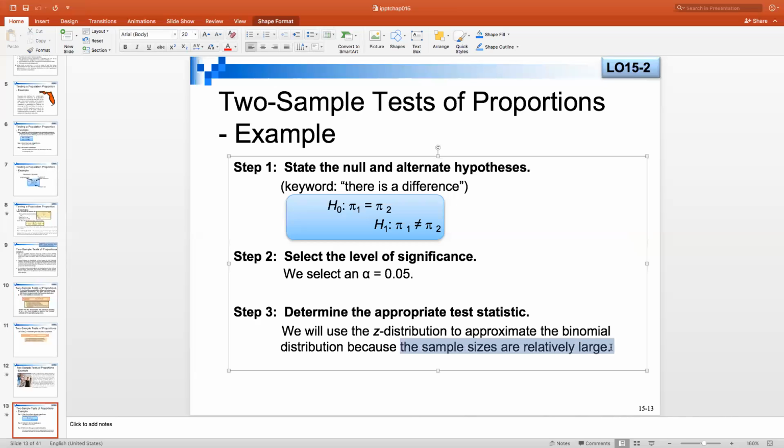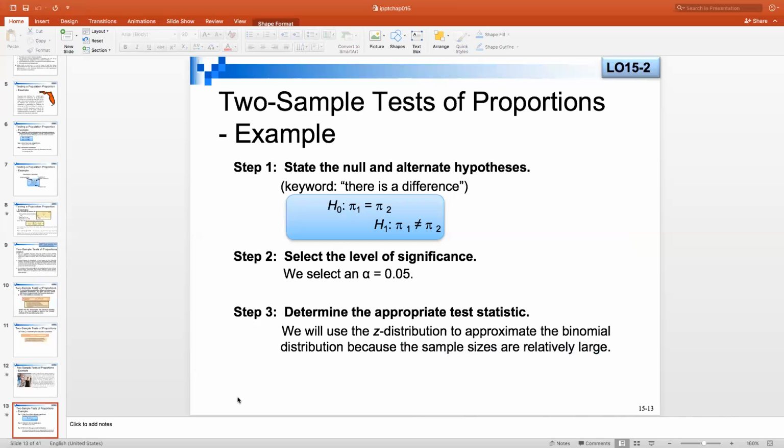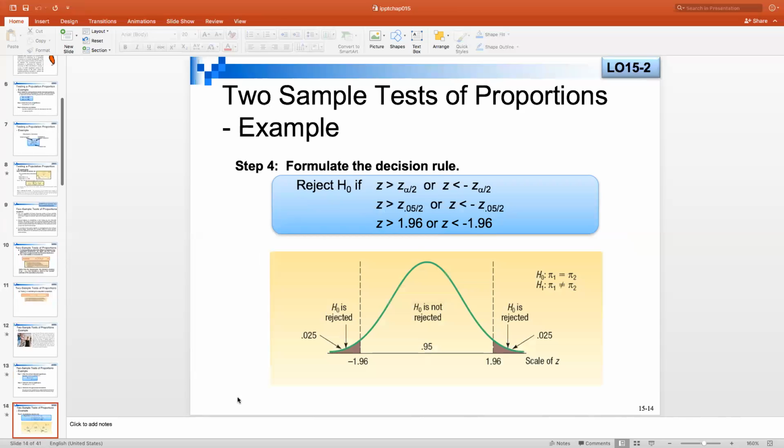Now, they have not given us sample sizes. They did not say here's our N, here's our N1, here's our N2, but in this case, they just said it's going to be big enough, go ahead and use the Z. So I understand if that's a little confusing because technically we don't have any Ns to say anything's greater than or equal to 5. But they just kind of zoomed us right into the fact that we're going to use it. So just FYI on that one.